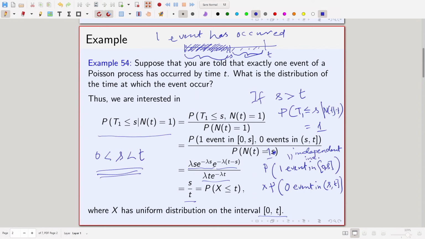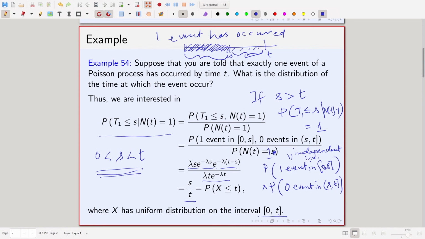If you are told that there has been exactly one arrival in the interval 0 to t, then under this information, the conditional distribution of the time of occurrence of that event is uniformly distributed on the interval 0 to t. That is what we have found out via this problem, right.